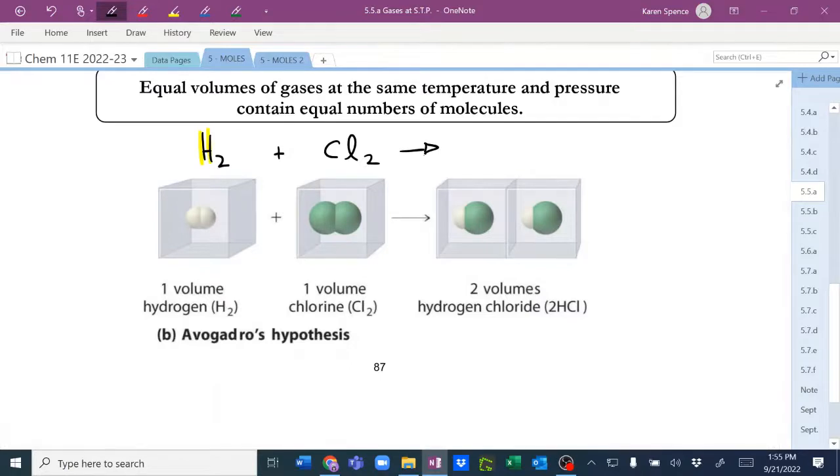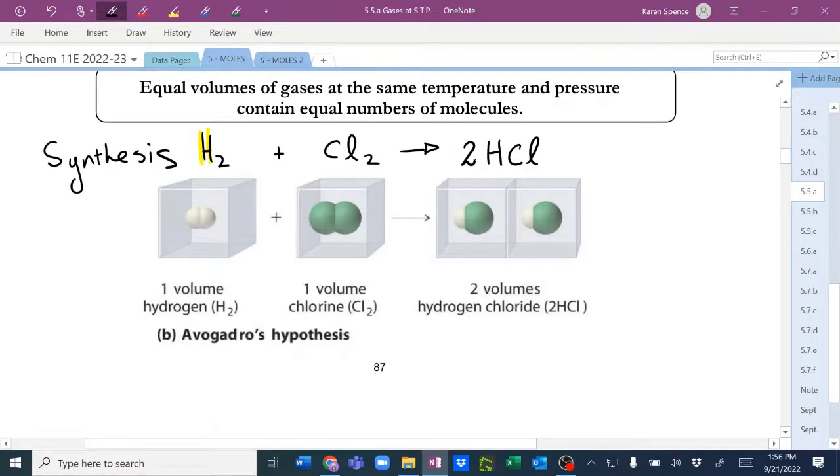If you have 2 elements that combine, that is synthesis, yes. And they combine and we get HCl. And in order to balance that, you of course need a 2 in front of the HCl.